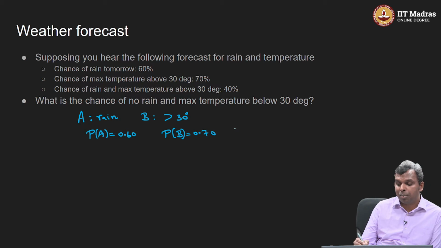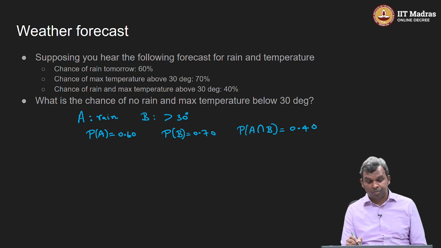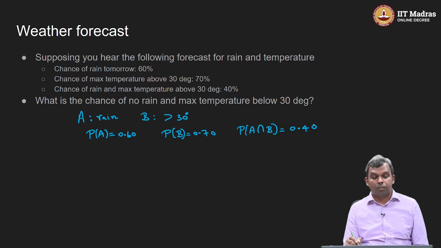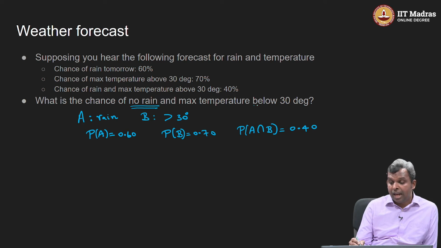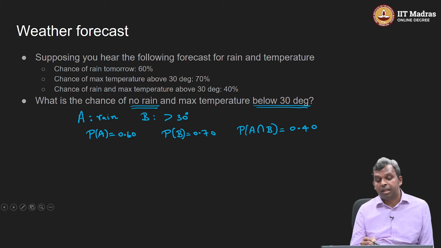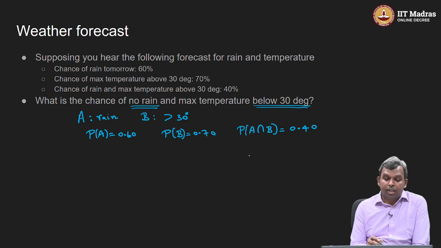Rain and maximum temperature above 30 degrees, that is probability of A intersect B, and that is going to be 0.40. The question that is being asked is, you have to compute the chance that there will be no rain and below 30 degree maximum temperature tomorrow. So given this detail, what can you say about the probability of no rain and maximum temperature below 30 degrees?